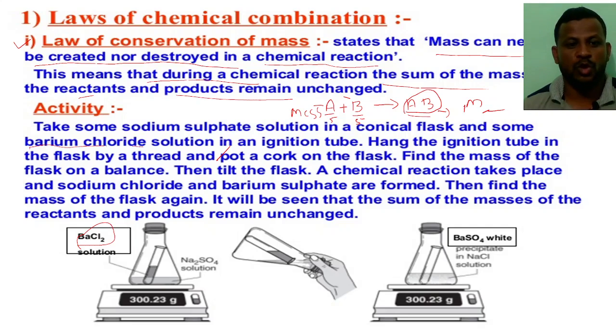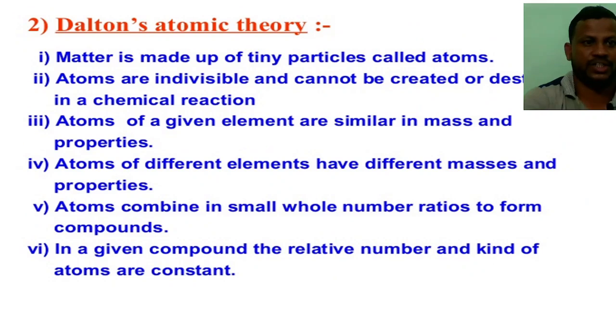Barium chloride solution is placed in an ignition tube hanging in the flask, and we find the mass on the balance. If we see, the balance remains the same when it is combined with other compounds. It means the mass of the reactants always remains the same when they are converted into the product. Okay, this is the law of conservation of mass.